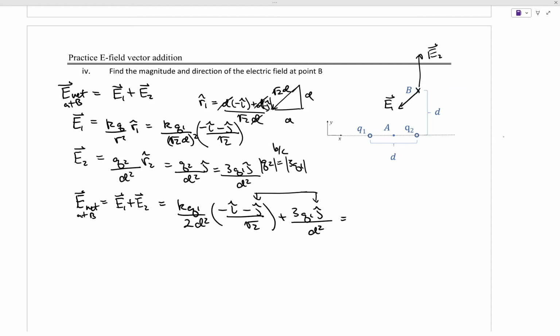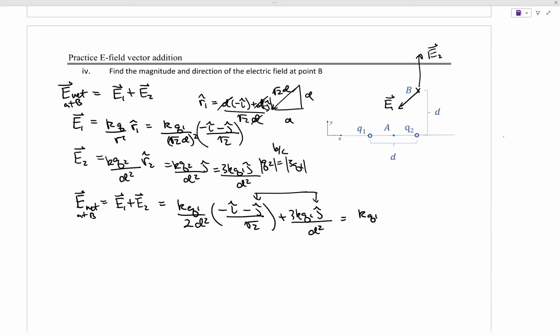Oh, hold up a second. There's a factor of K that's omitted. So we could factor out the K, the Q1, the D squared, and simplify this a little bit.